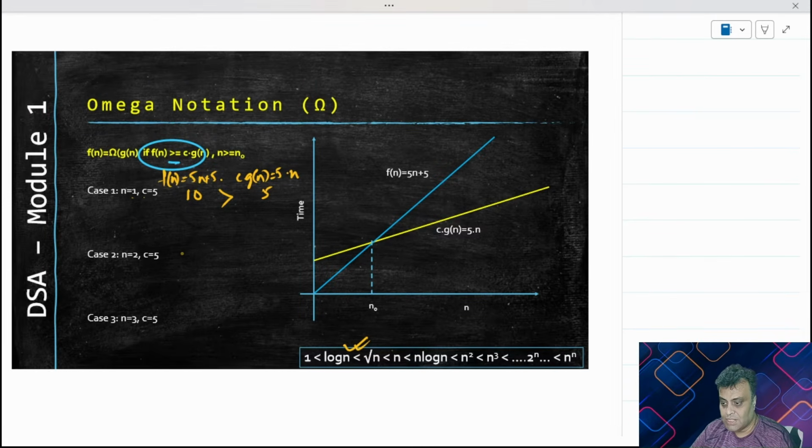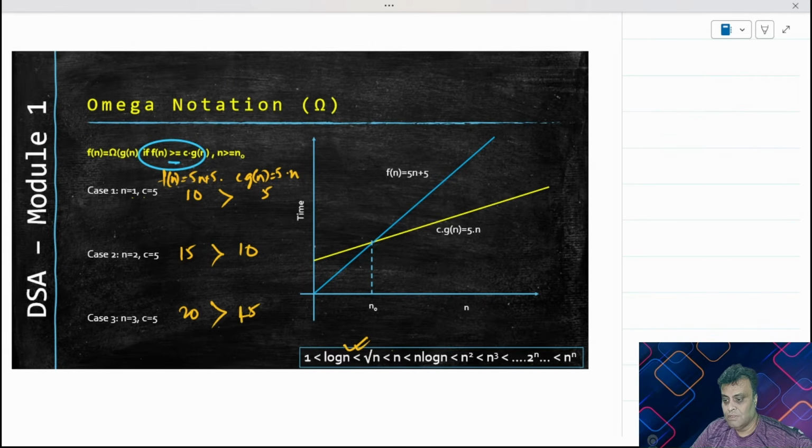So even if I check the rest of the cases, n equal to 2, c equal to 5, right? If I put n equal to 2, it will become 15. 5n will be 5 2s are 10, so 15 is greater than 10. If I put n equal to 3, then this becomes 20 and this becomes 15.